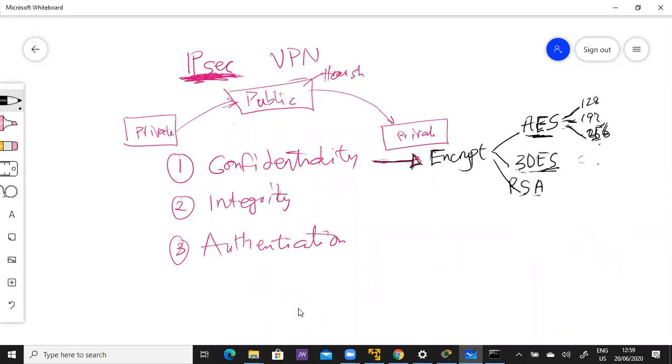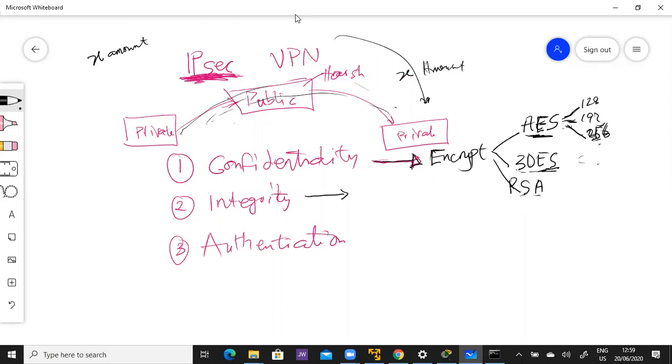What about data integrity? So the message which is still moving on the internet, you want integrity. Integrity is I'm sending X amount of packets, and I need X amount of packets to be received by the recipient.